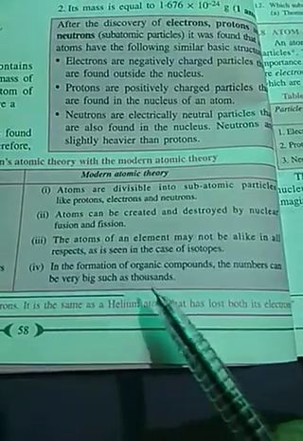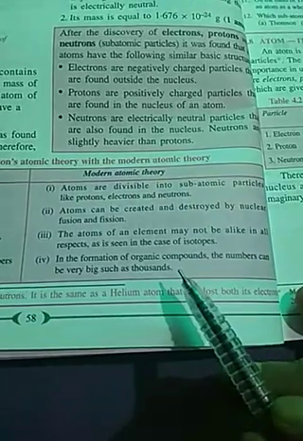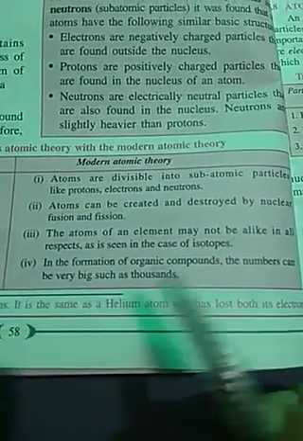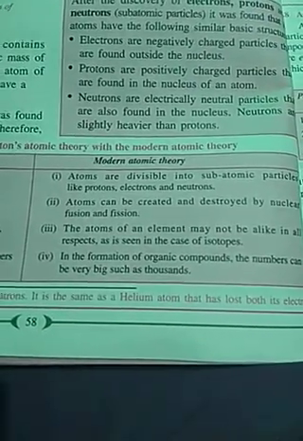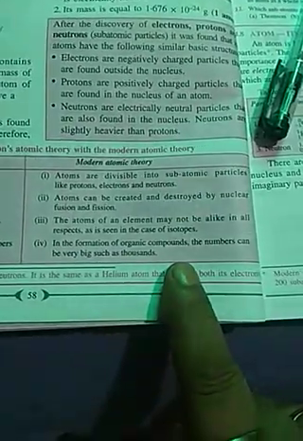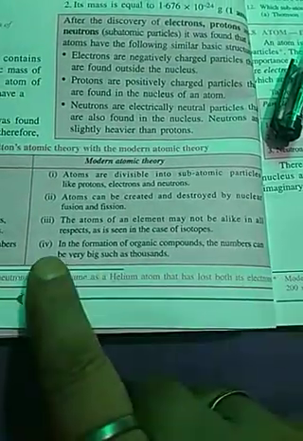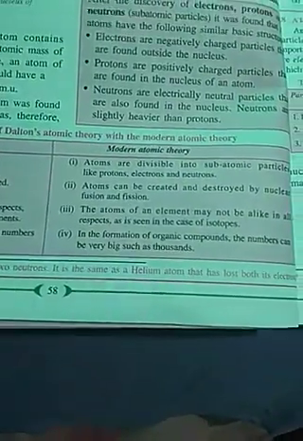Only 70 carbon atoms will combine to form more than 5 lakh new substances. Not 1, 2, 3, but 70. So modern concept says that in the formation of organic compounds, this number may be very, very large.